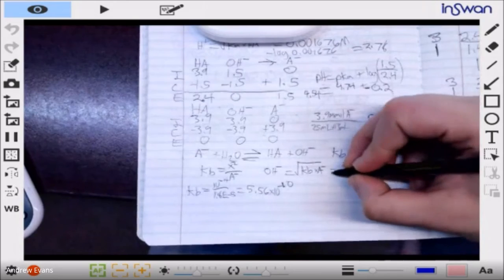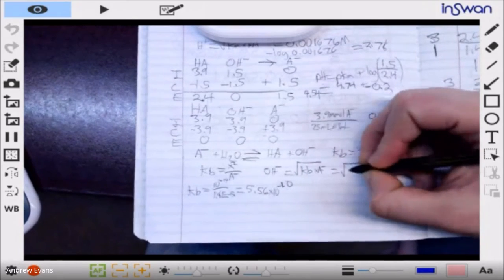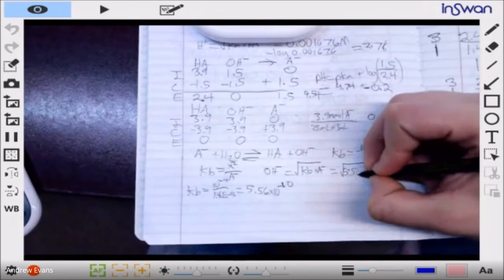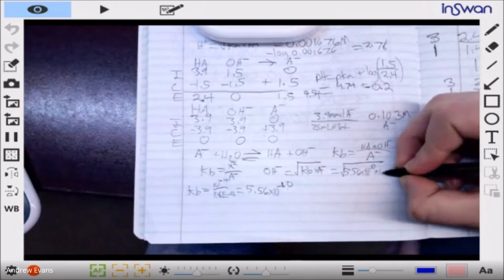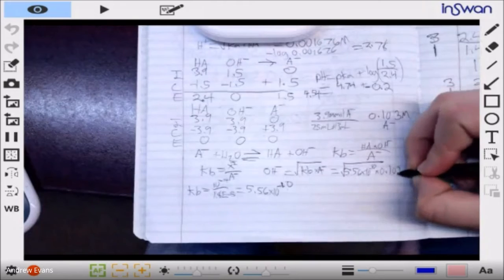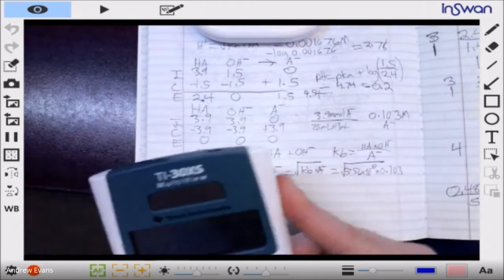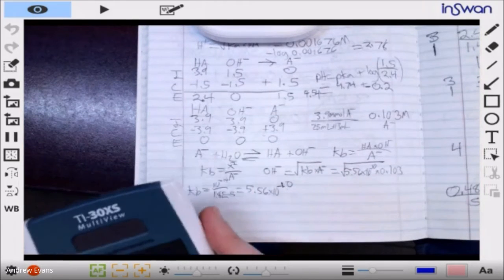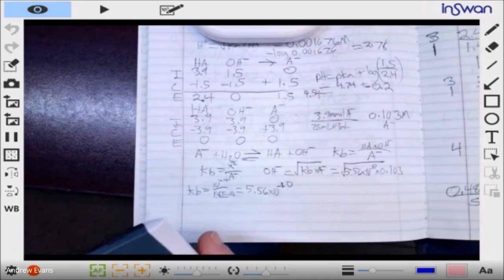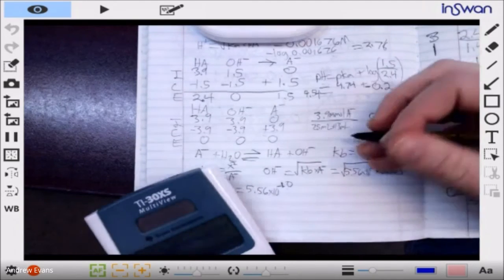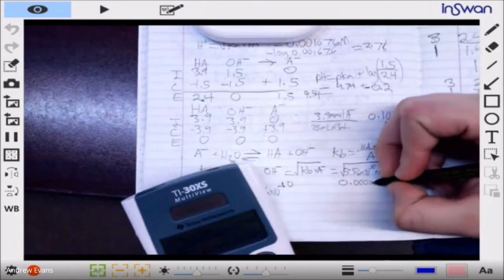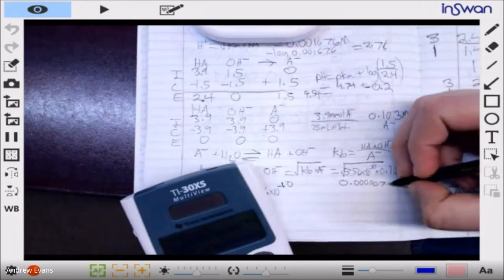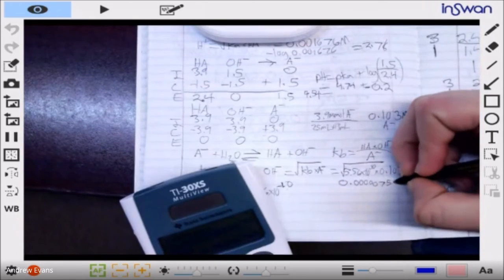So plugging that in, square root of 5.56 times 10 to the negative 10 times 0.103. So we get the concentration of base to be 0.0000057.